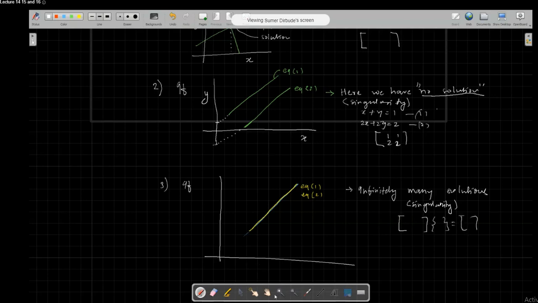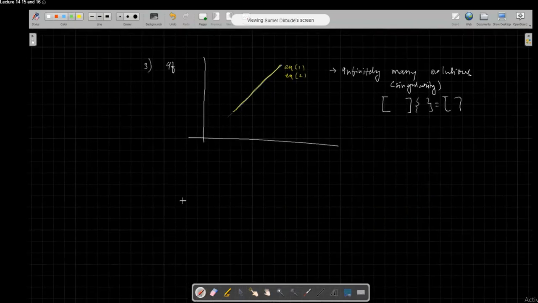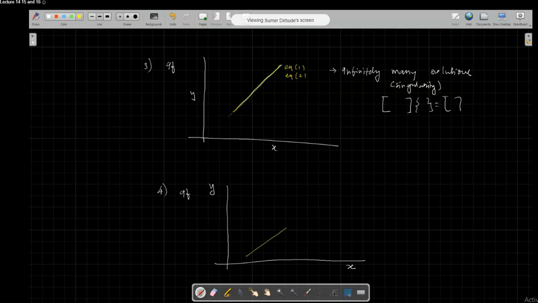Now, there can be another situation. The fourth situation is of this type, where you have two lines intersecting each other.